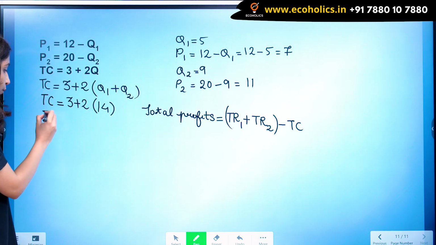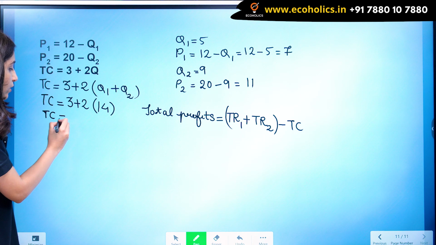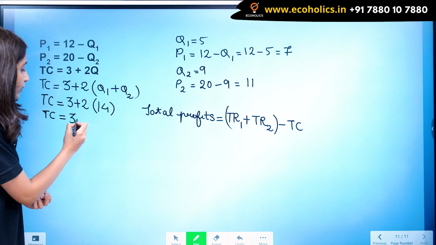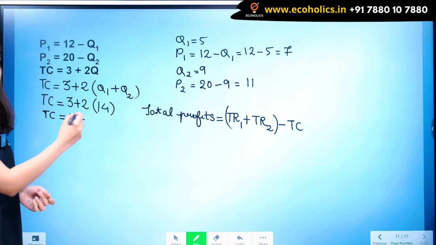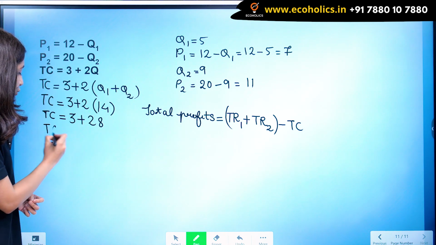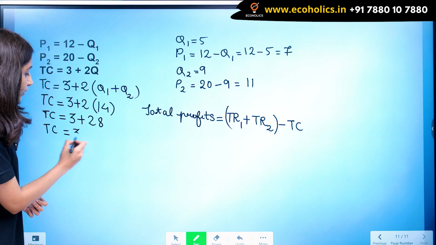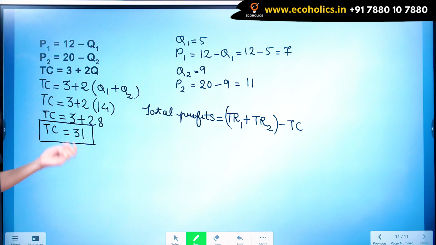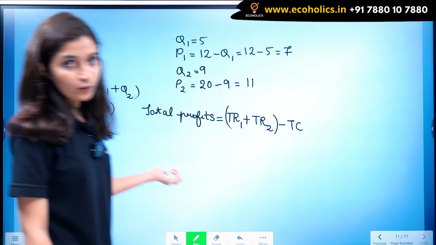And therefore, our total cost will be equal to 3 plus 14 twos are 28, which is 31. So, we got our TC, that is total cost, as 31.